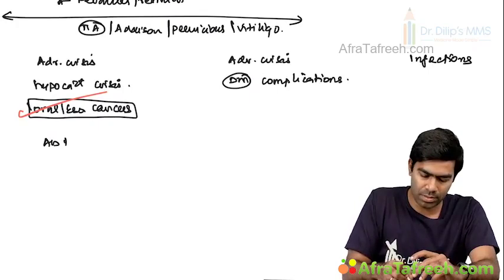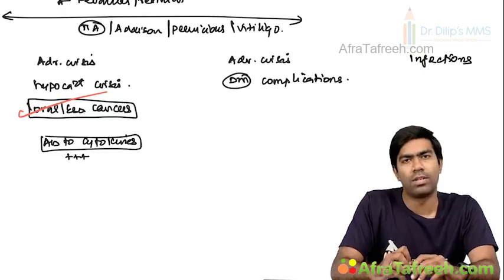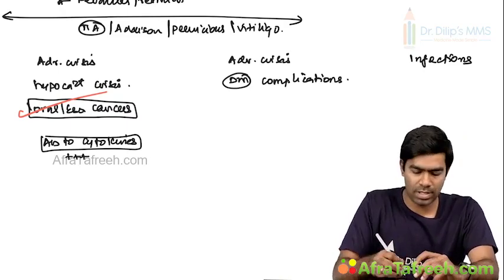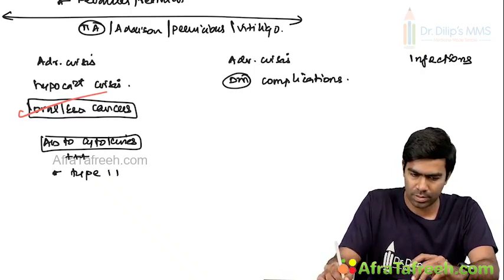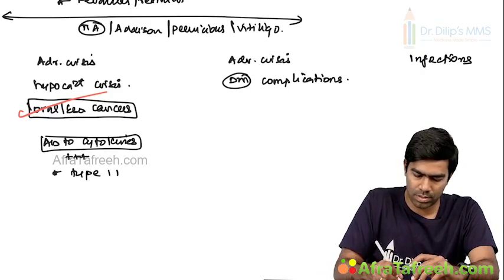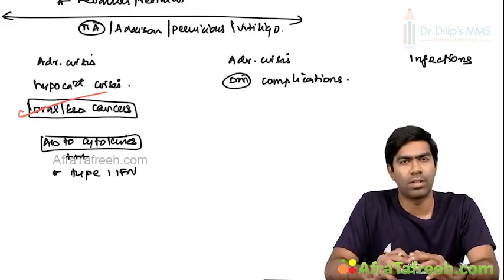Remember, presence of antibodies to various cytokines is a very, very strong feature of APS type 1, which means they have antibodies against type 1 interferons, like interferon alpha, interferon omega, a lot of interferons are there.